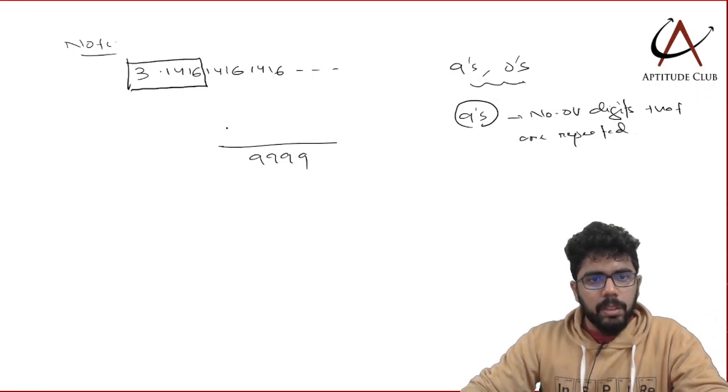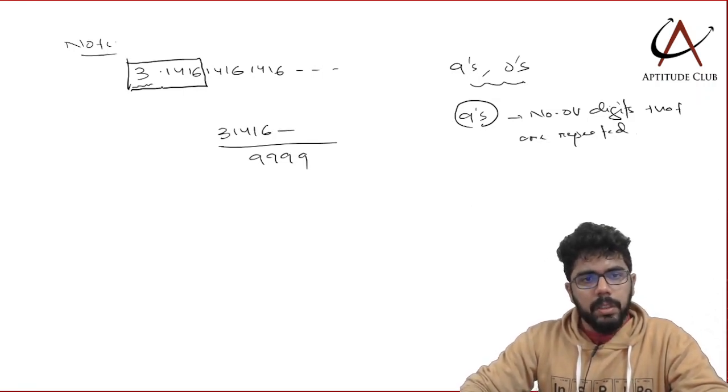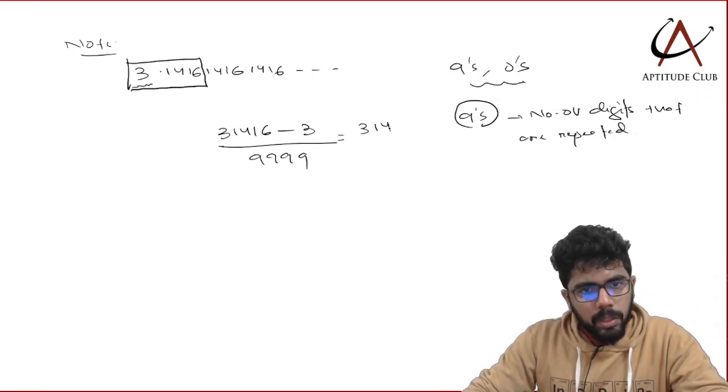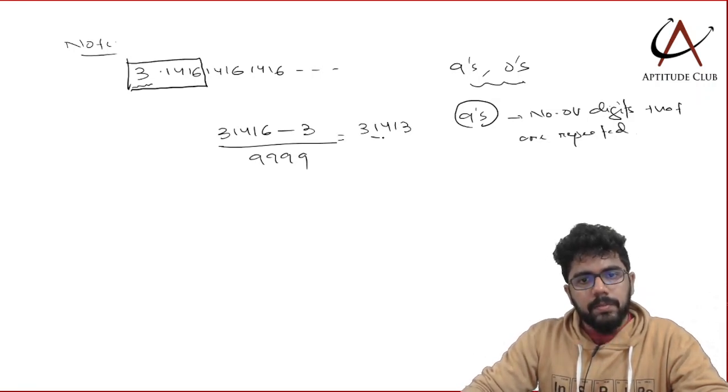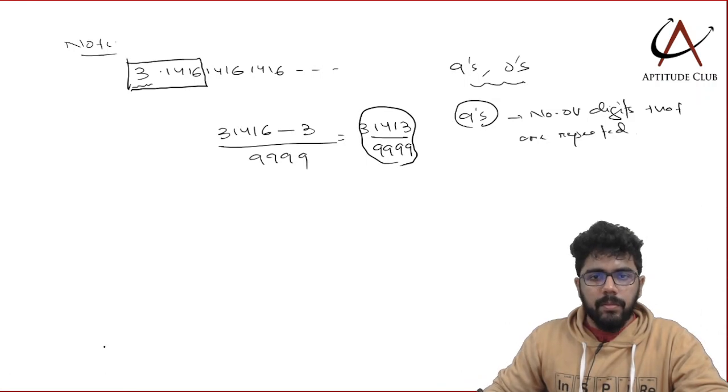Now for the numerator, you take 1 unit with repetition minus the non-repeating part. 1413 by 9999. So this is A by B. Okay.